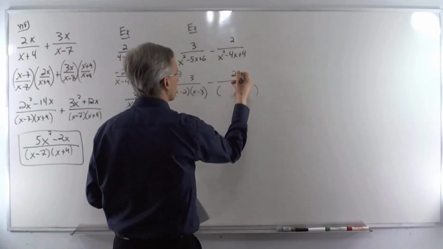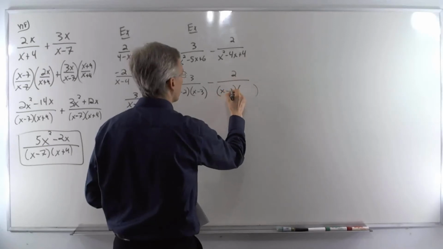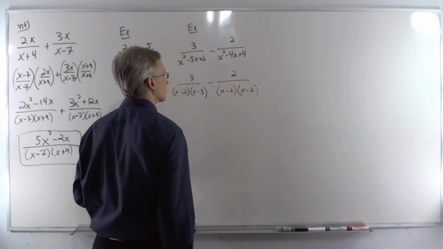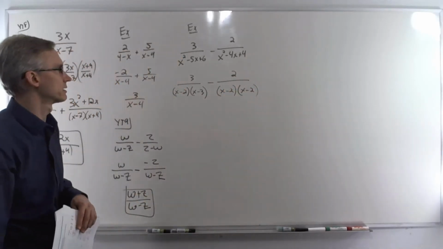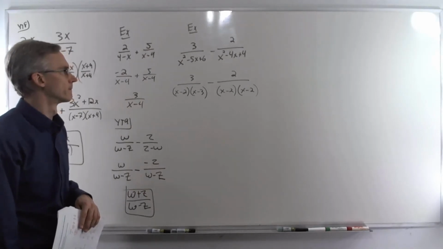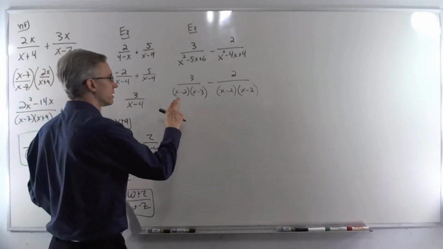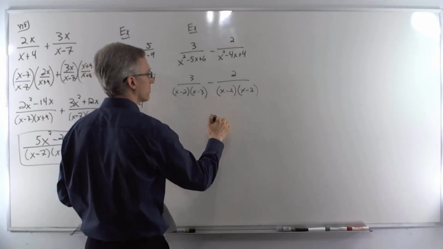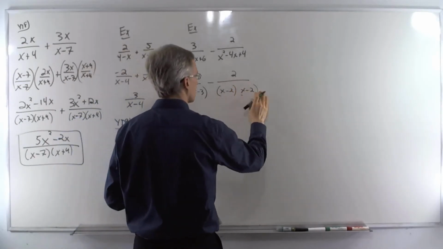And we've got a perfect square trinomial that factors into x minus 2 times x minus 2. All right, so we have one match here. So I'm going to go ahead and write this as x minus 2 squared.